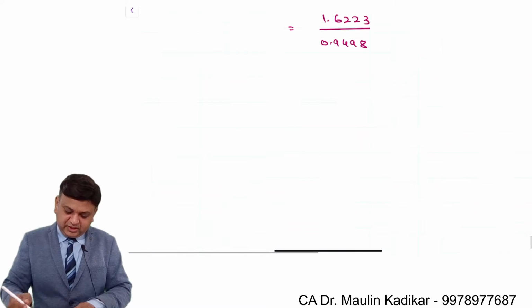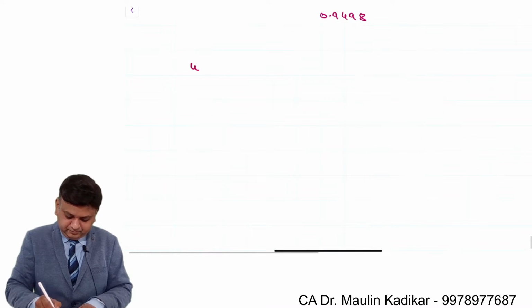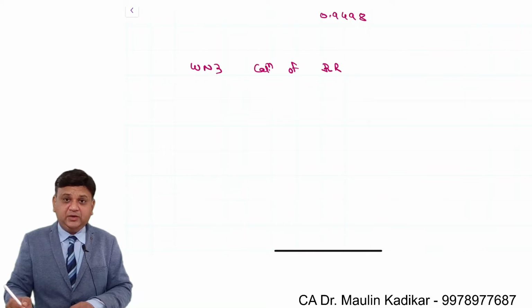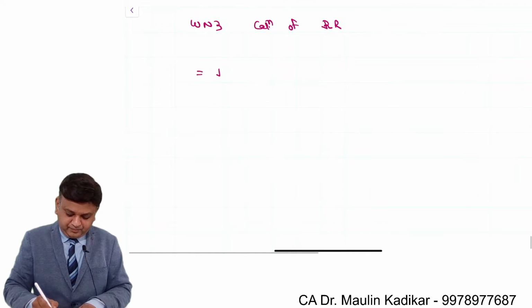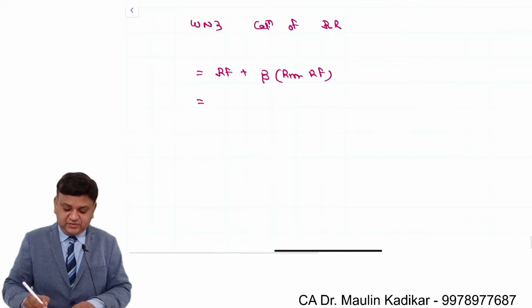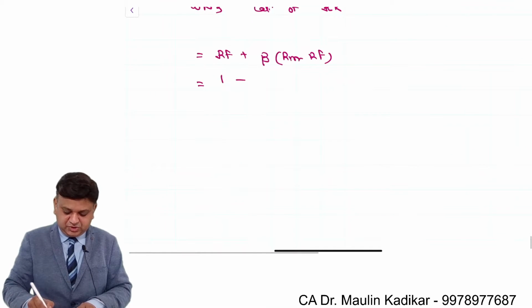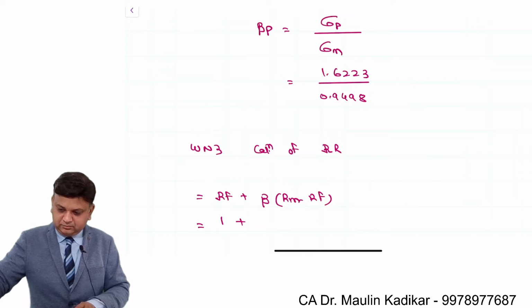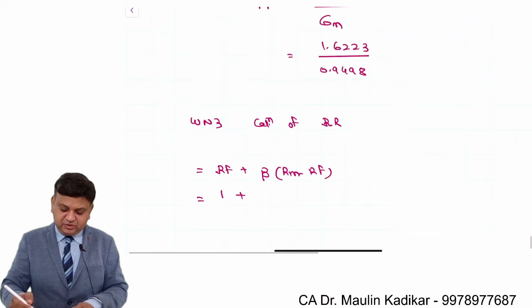So working note number 3. Calculation of required rate of return. It is RF plus beta into (RM minus RF). What is the risk-free rate of return? It is 1%. What is beta? It is 1.7080.